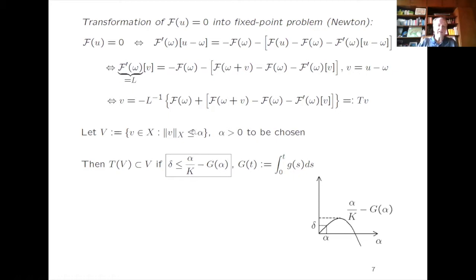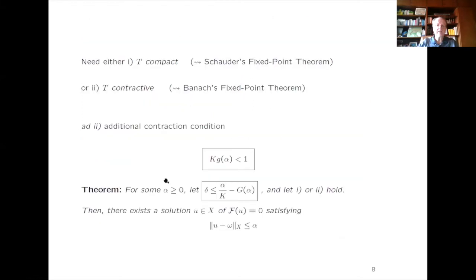And since alpha is the radius of the ball we are enclosing the error in, some people like to call that the radii polynomial approach, right? Because that's polynomial and alpha is the radius. But this is actually nothing but this condition which ensures that the fixed point operator maps E into itself. Right, so I think that's clear.